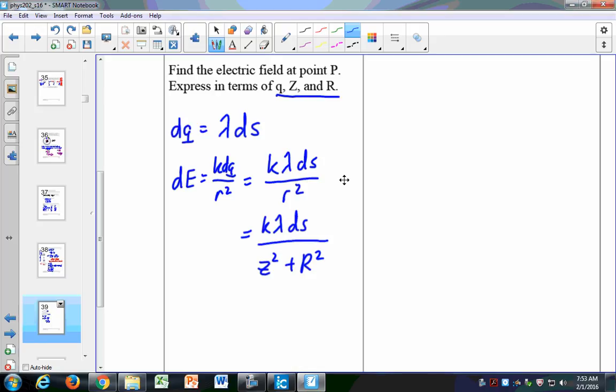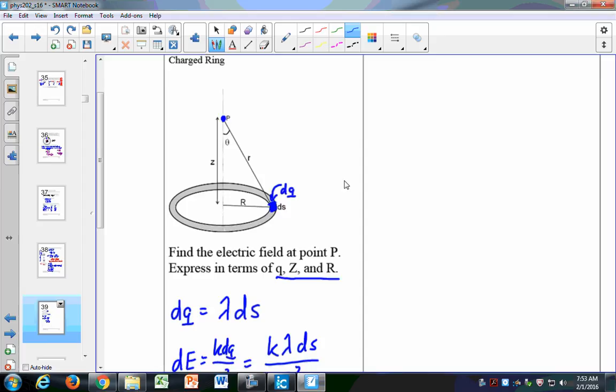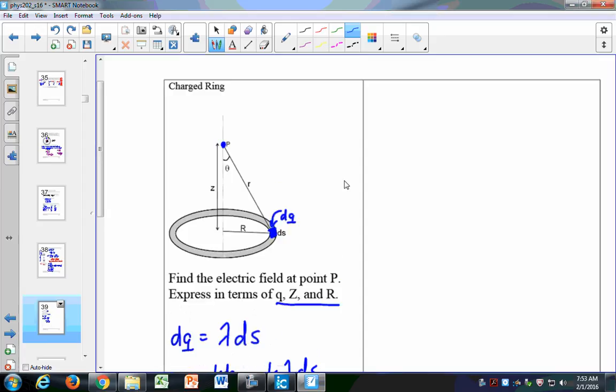All right. I can also show up here, if I think about the vectors, that I have x and y components. So imagine here, I have an electric field that's in this direction. It has an x component, and it has a y component. This is Ex, this is Ey. Over here, due to this differential element, I have an electric field in this direction.